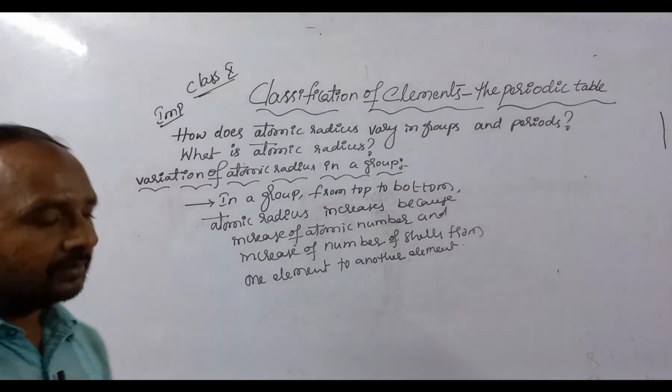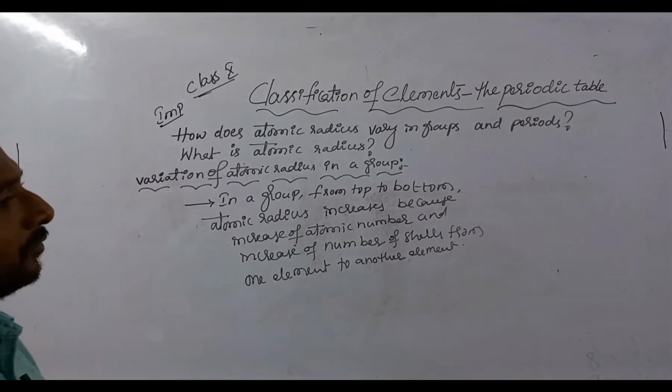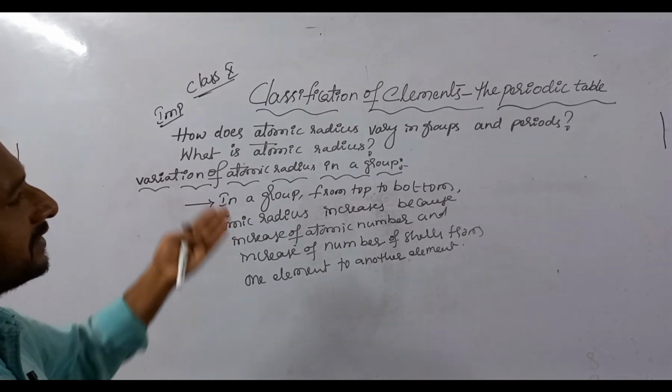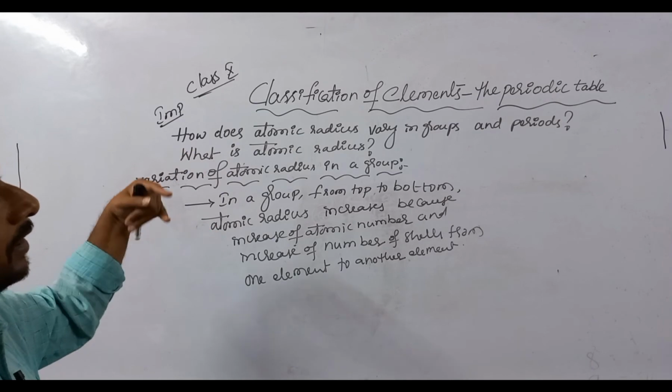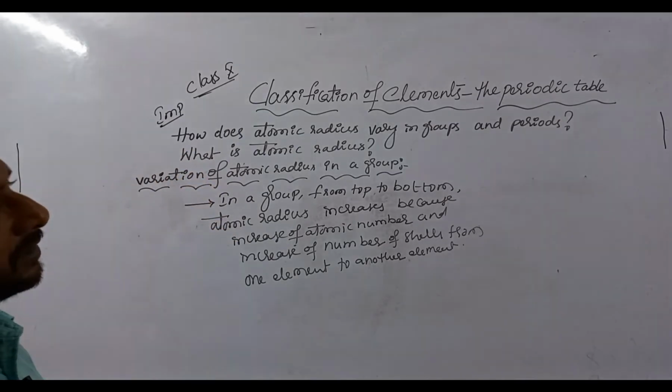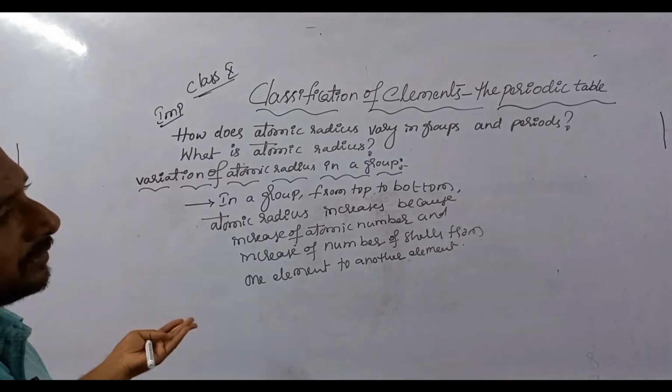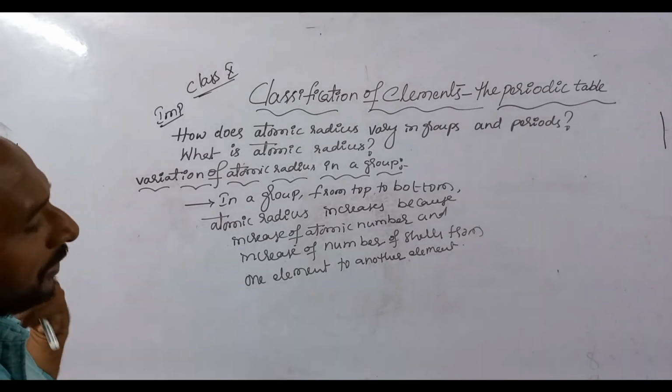With one example from group 1A elements like hydrogen, lithium, sodium, potassium, we explained atomic number increases from top to bottom, and also from one element to another element number of shells also increases. For example, hydrogen 1 shell, lithium 2 shells, sodium 3 shells, potassium 4 shells.